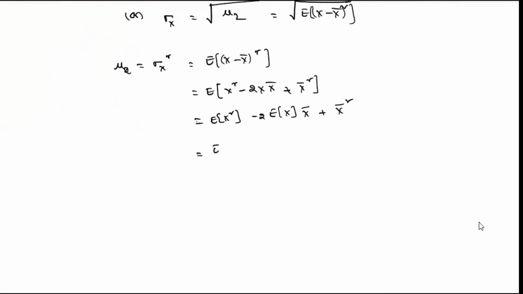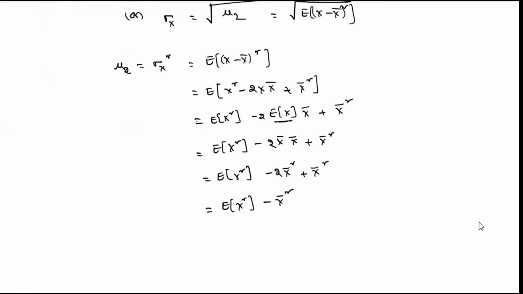So E of x square minus 2 E of x, which is x bar, times x bar, plus x bar square. So this gives the expected value of x square minus x bar square. What is E of x square?